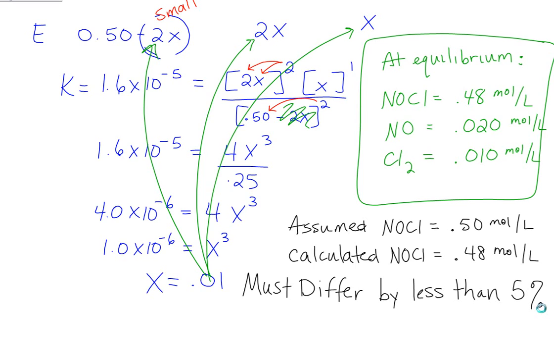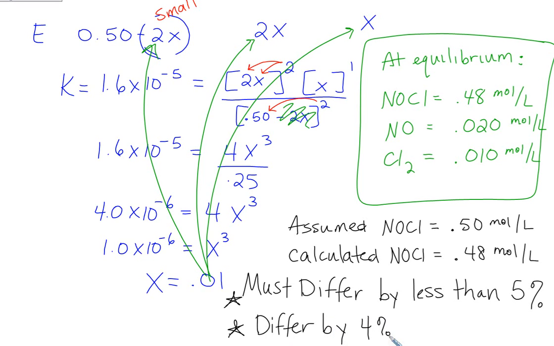If these differ by less than 5%, your assumption was valid, and it really does save you a lot of time and energy when doing the calculation. If I plug this in my calculator, here they differ by about 4%. So that was a fair assumption.